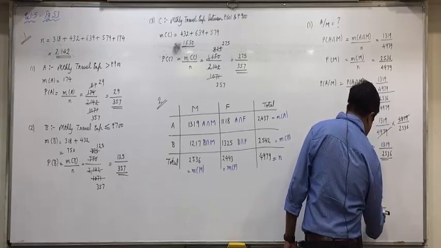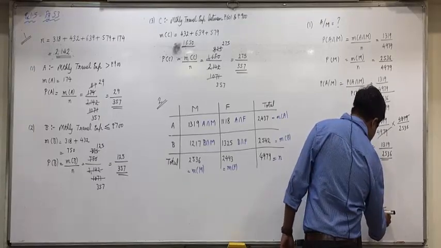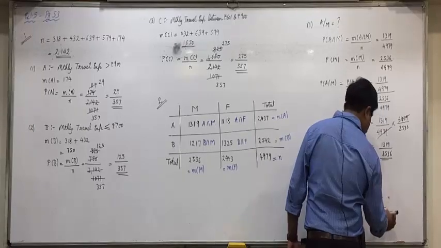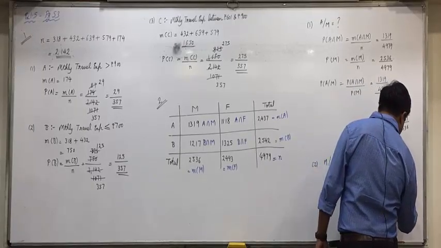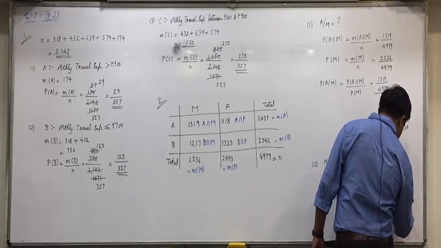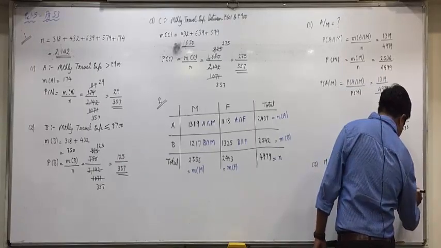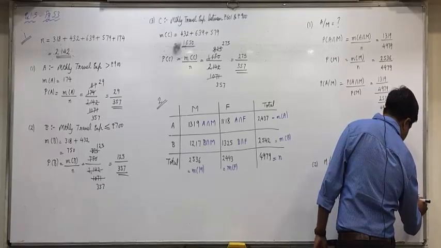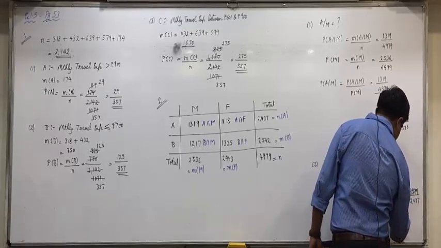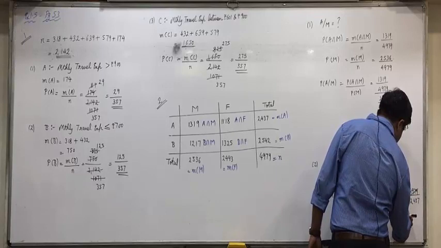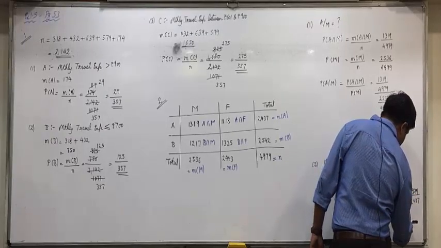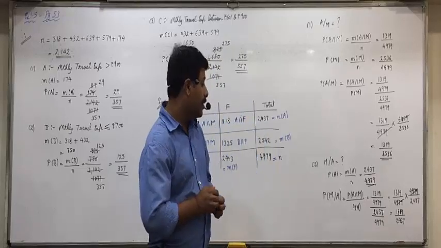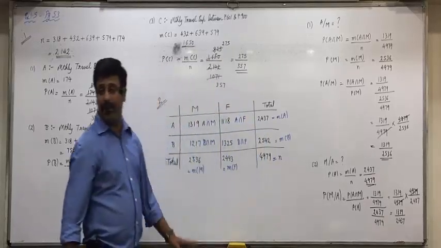Divide by P of A, which we obtained as 2437 upon 4979. So 1319 upon 4979 multiplied by 4979 upon 2437. 4979 gets cancelled. 1319 upon 2437. Did you understand this question, everyone?